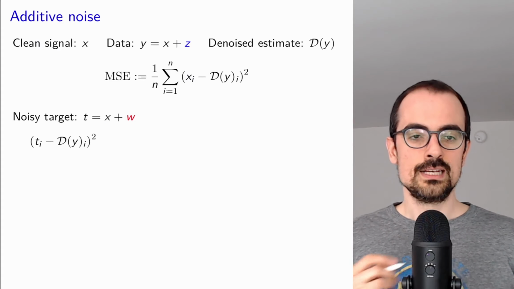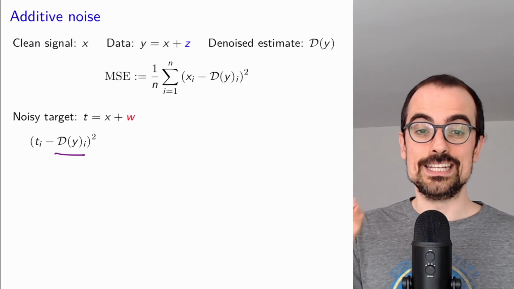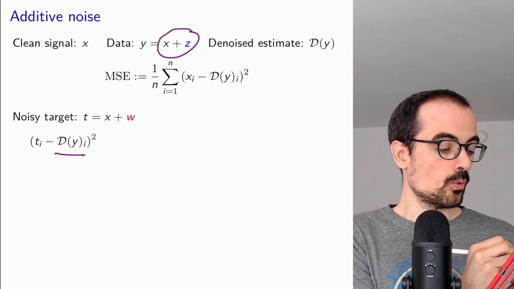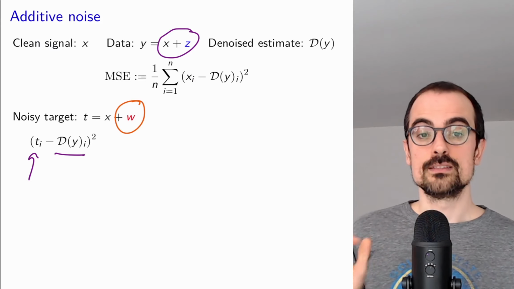If you do that, and then you compare the denoised estimate of the network given this noisy data with the noisy target computed from the independent noise, then let's see what happens.